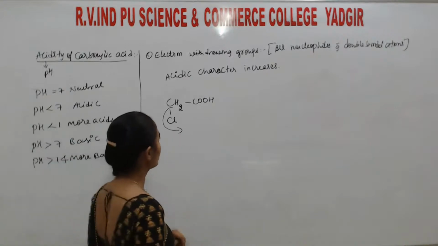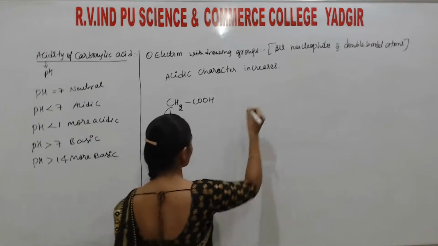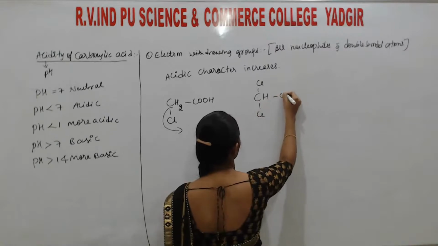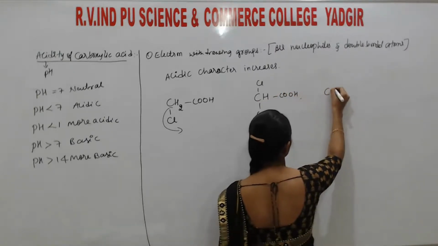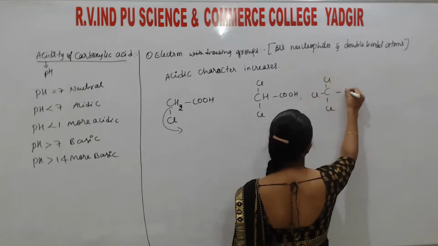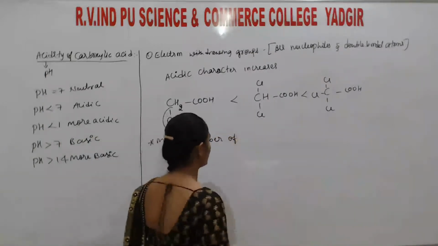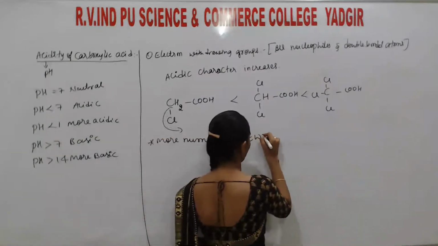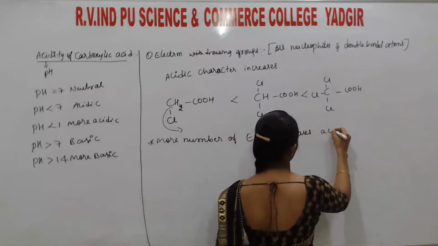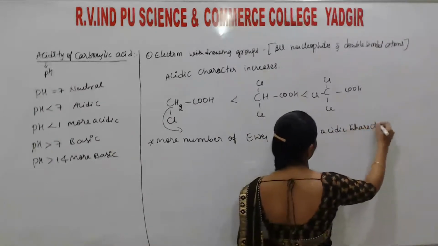Assume instead of one, two or more are there, like CCl3 COOH. More number of electron withdrawing groups increases acidic character.